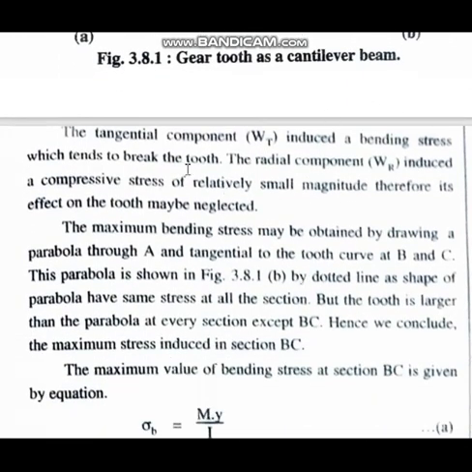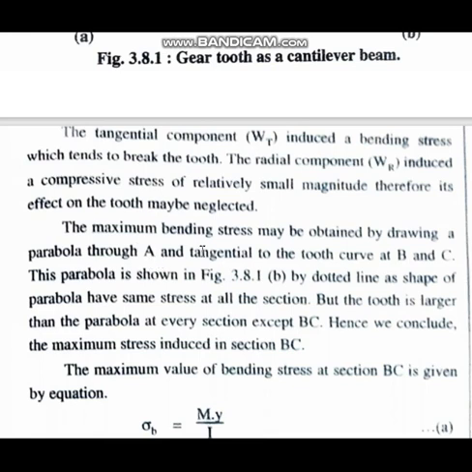It tries to break the tooth. The radial component induces a compressive stress, and this is of relatively small magnitude. Therefore, the effect of the radial component can be neglected on the tooth. So Wr we are not going to consider, only Wt, because this is very little, and the tooth can easily bear it.